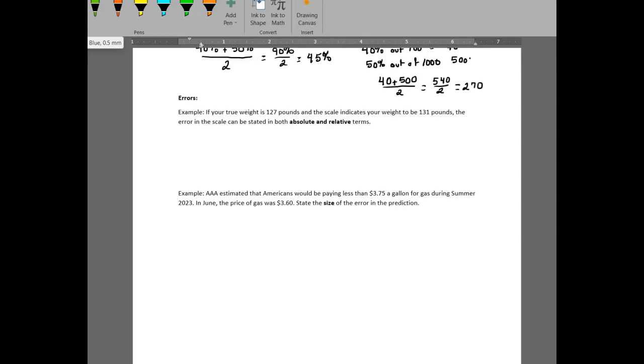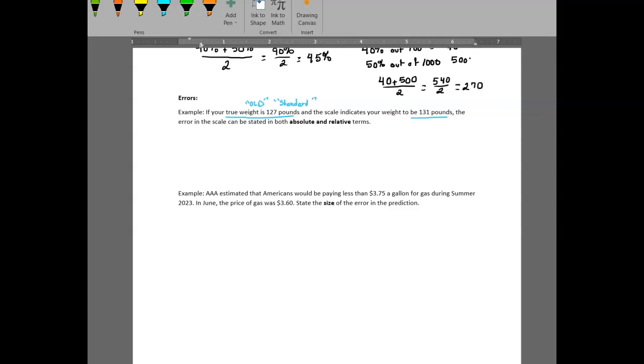So if your true weight is 127 pounds, and that's your true weight, and the scale indicates that your weight is 131 pounds, the error in the scale, so we're going to say that our true weight, our actual weight, is the one that we know to be true. So this is what we would call the old value, or we're going to call it the standard, either way you want to think about it.